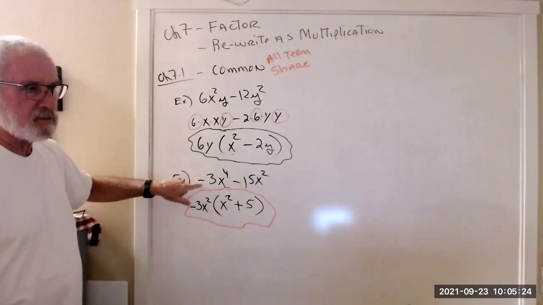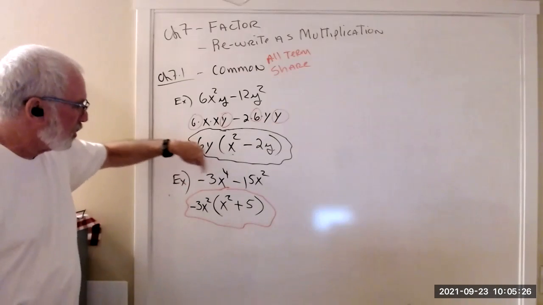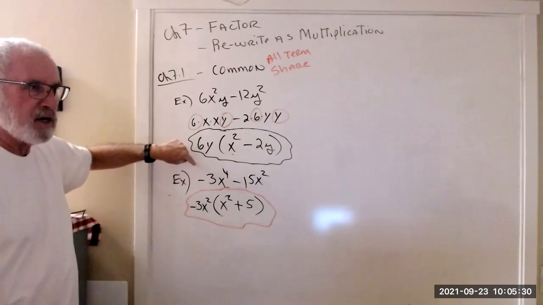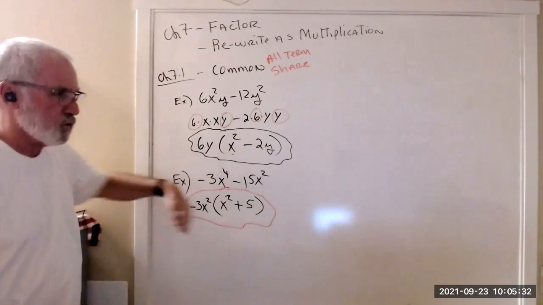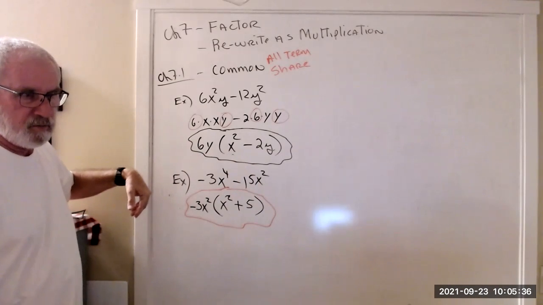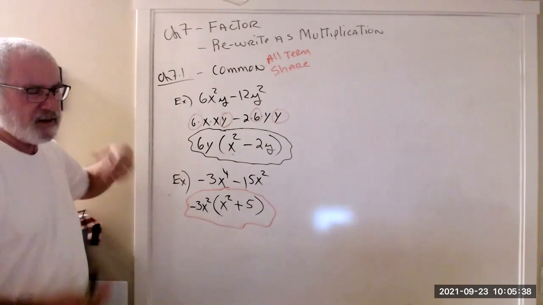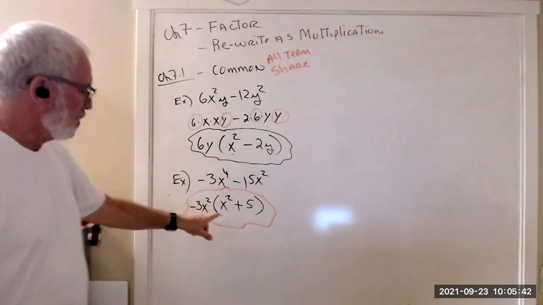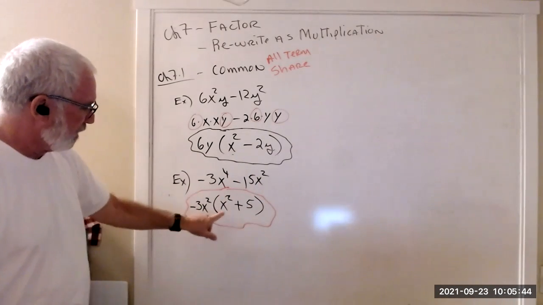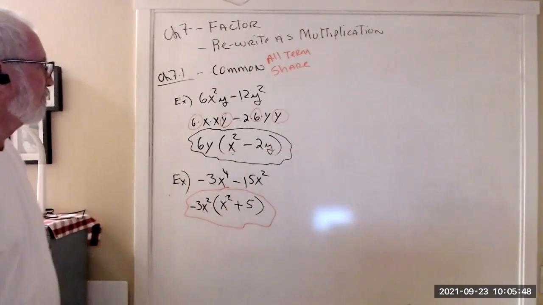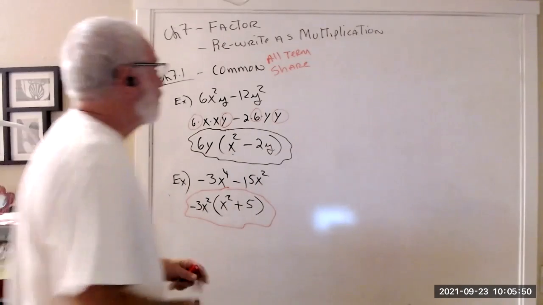A lot of times when the leading coefficient, the coefficient in the very front, is negative, Mom expects you to pull a negative out of everybody. Okay, she should tell you, but we usually want to pull out the negative, and then that number becomes positive, and that changes. Okay, moving on.